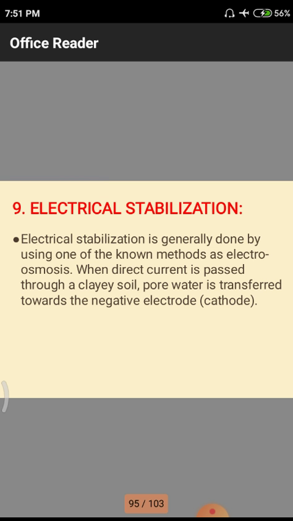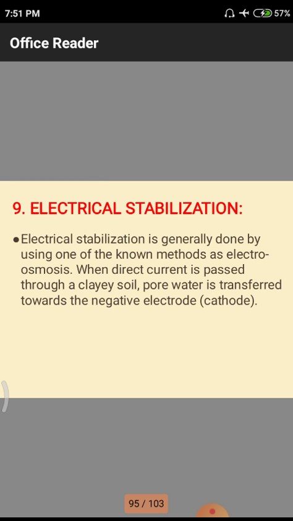Simply the water is staggered at different locations according to the layers of the ground. So we have to utilize this electrical stabilization. There is no other alternative method for removal of water, so we depend upon this stabilization method, which is related to electrical power.